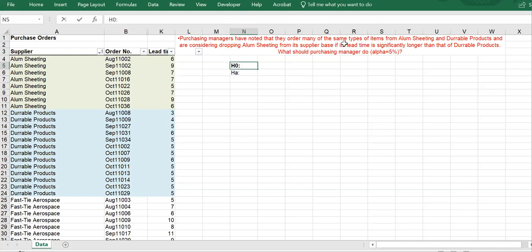Mu is the population mean of the lead time for the first supplier, alum sheeting, and then the second is durable product.